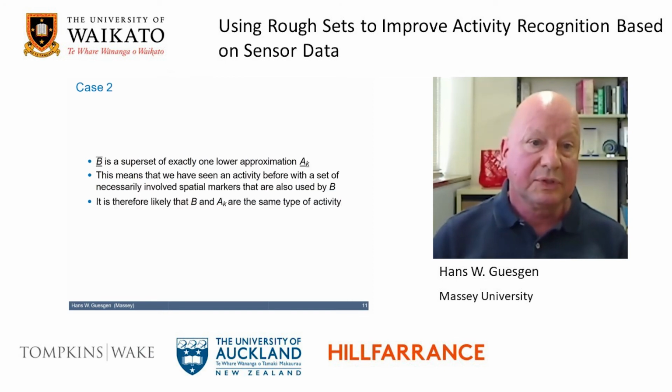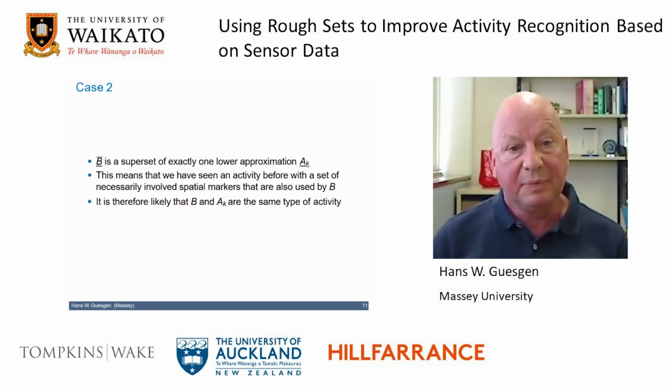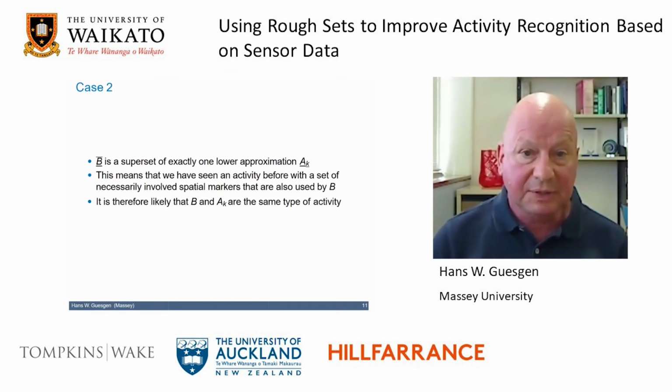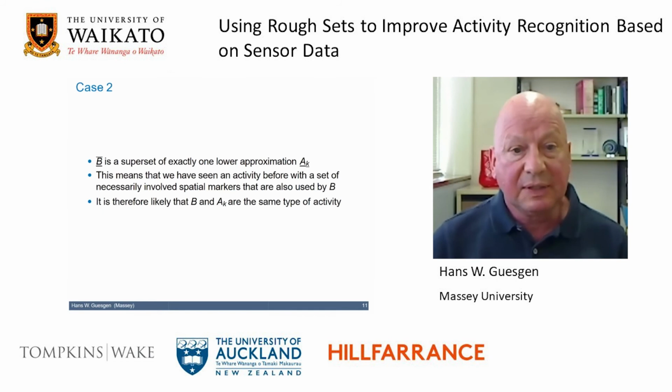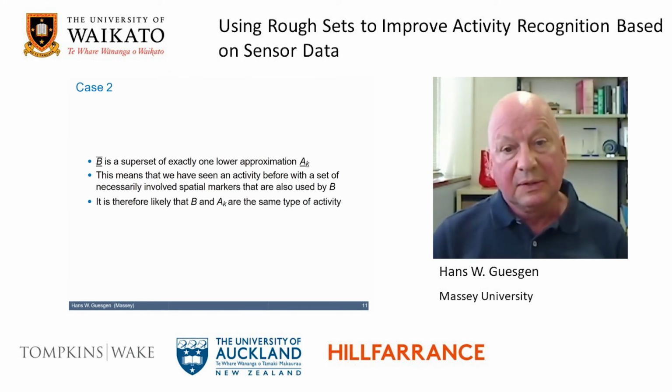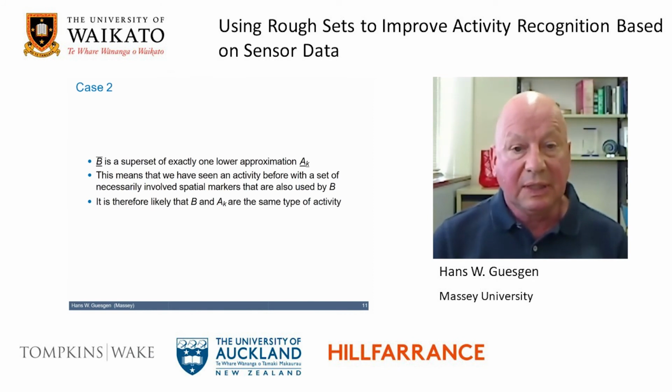A more fortunate situation would be case 2, where B is a superset of exactly one lower approximation. And this means that we have seen before the set of necessarily involved sensors. So we can then conclude that B and AK are related to each other, that they belong to the same type of activity.